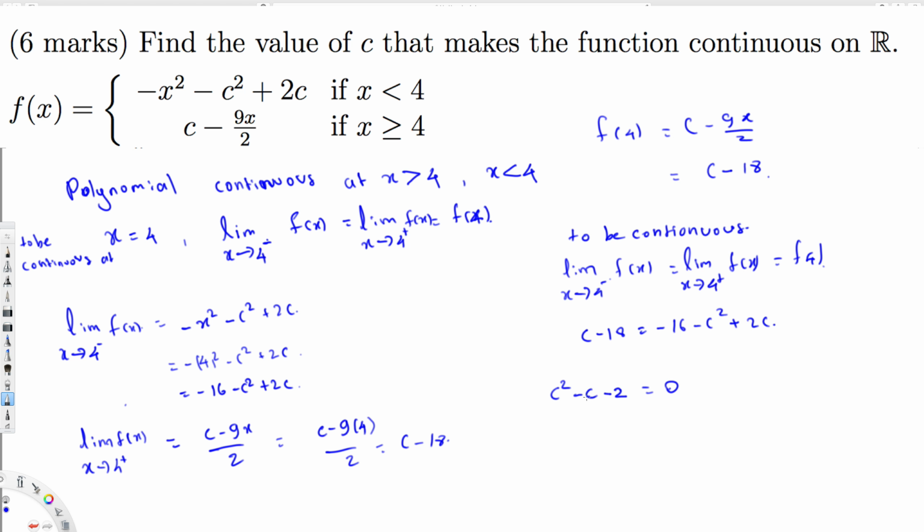Since we have minus 2 and minus c, we have to find values that multiply to get negative 2 and add to get negative 1. So negative 2 and 1 will work, because when you add negative 2 and 1 it becomes minus 1, and multiplied it's minus 2.